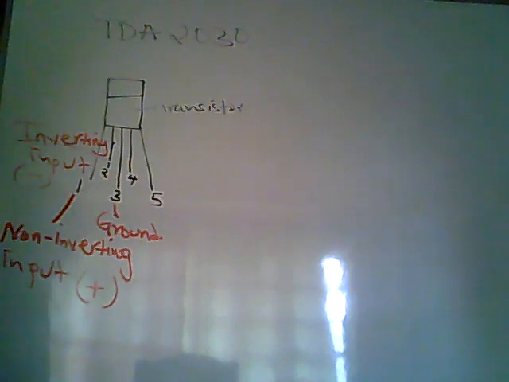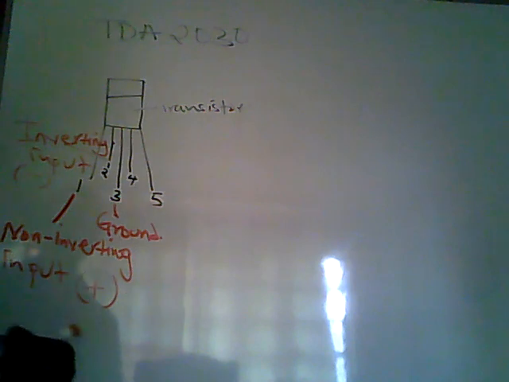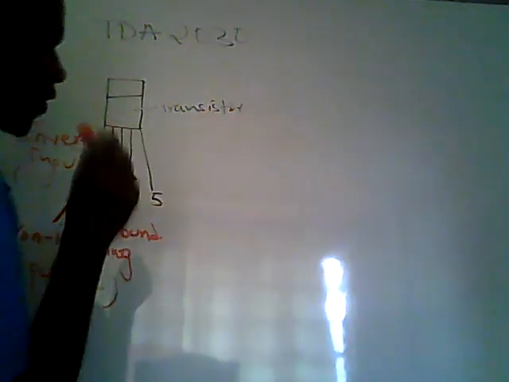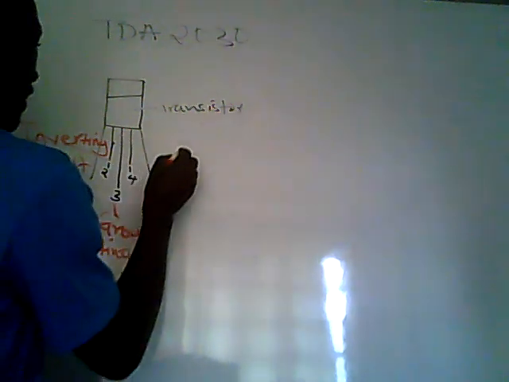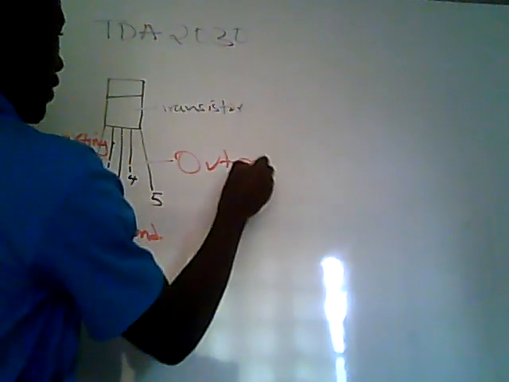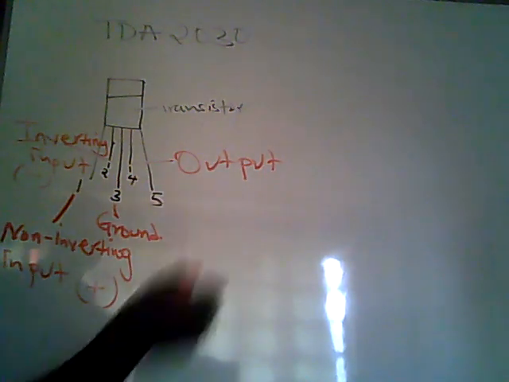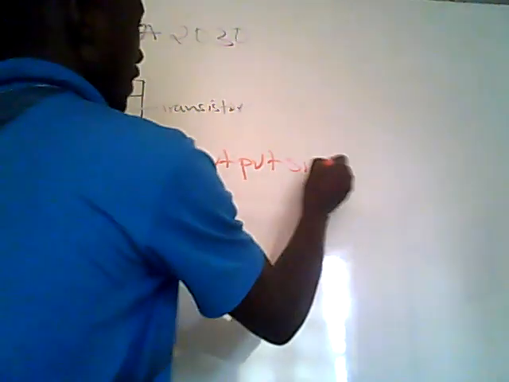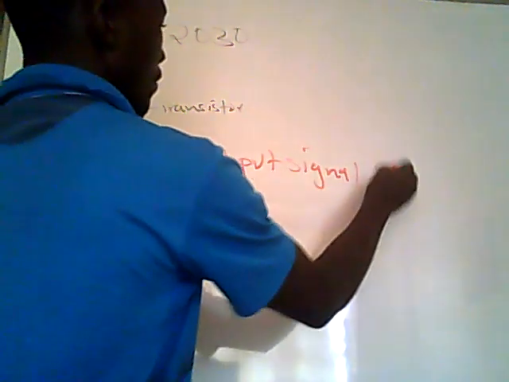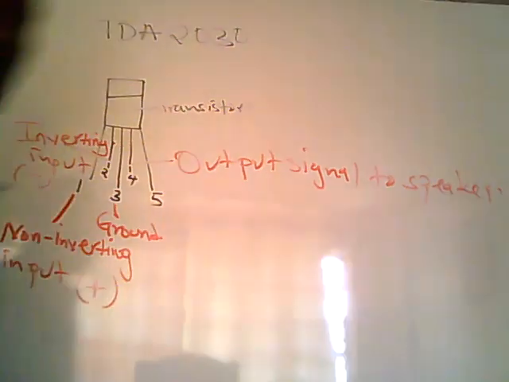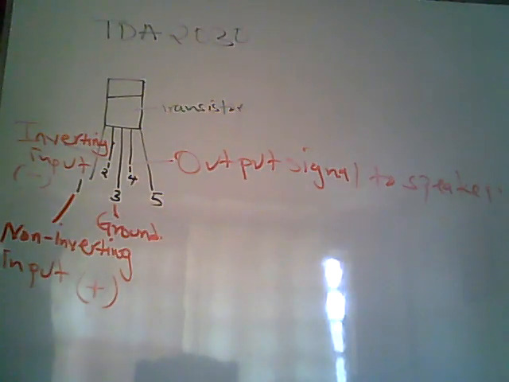So let's go to pin 4. Pin 4 is the output. Pin 4 is always used for the output signal to speaker. Just taking the output signal to the speaker.